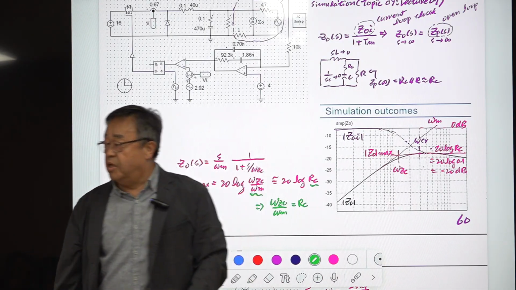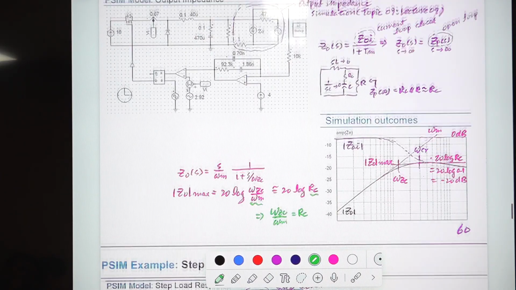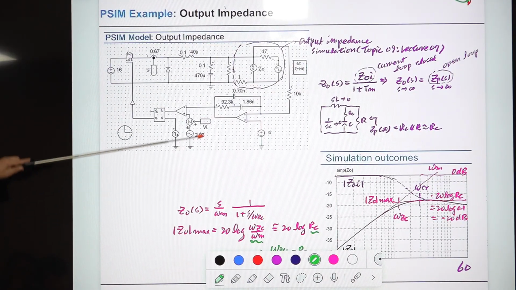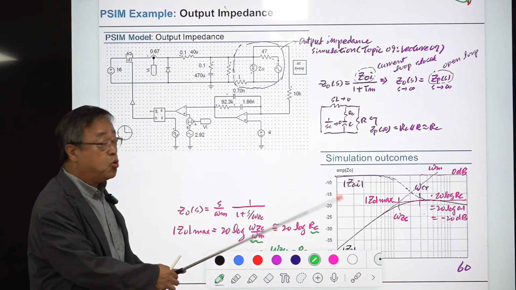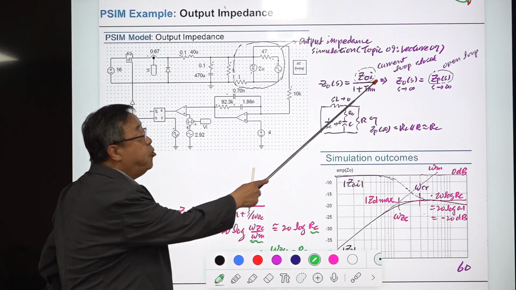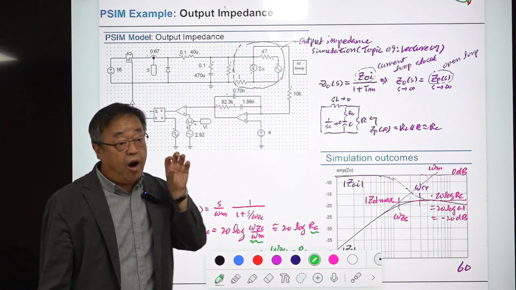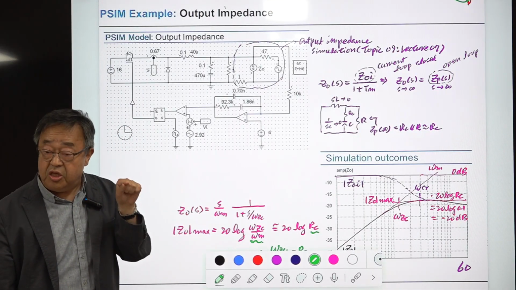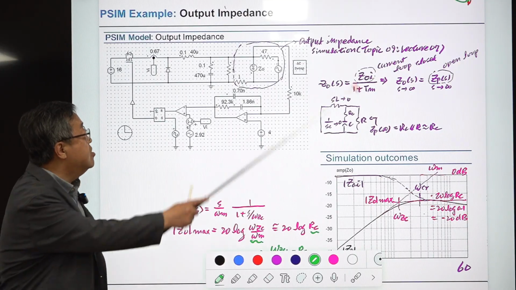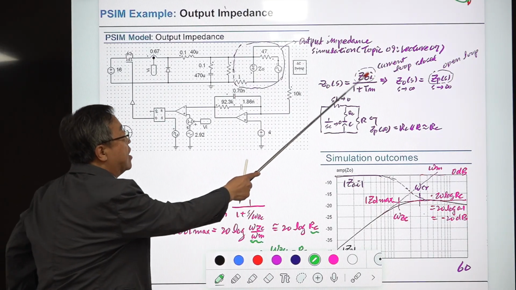Let me explain this. This is the expression for the output impedance. For the voltage mode control, it was the open loop load current to output transfer function, denoted as GP. Now it's different. It's GOI.